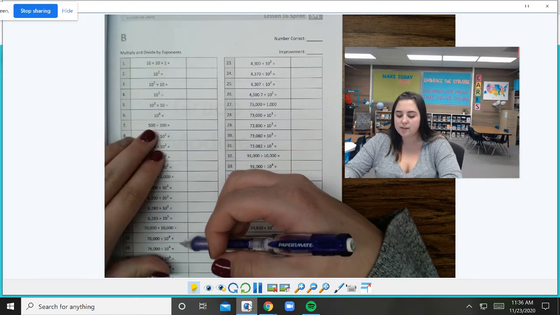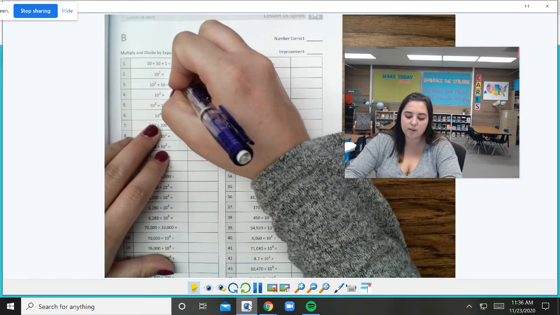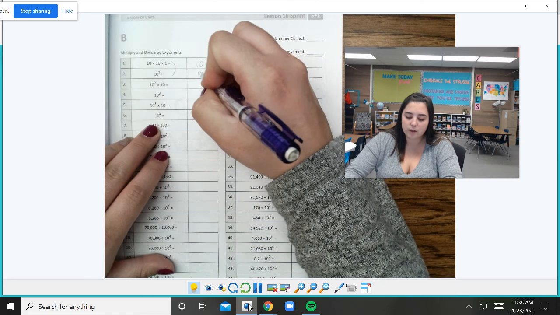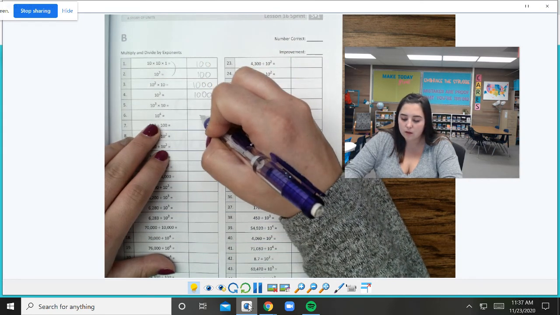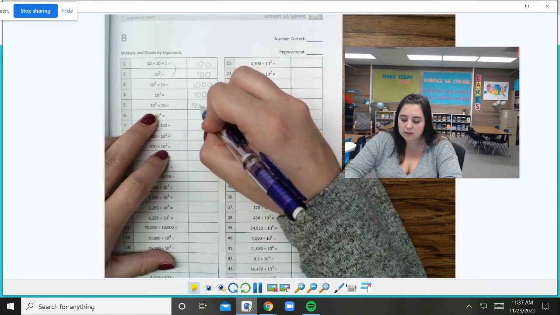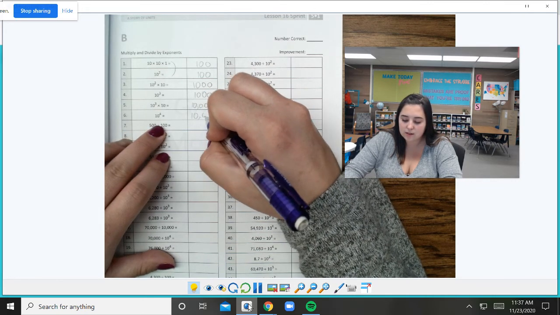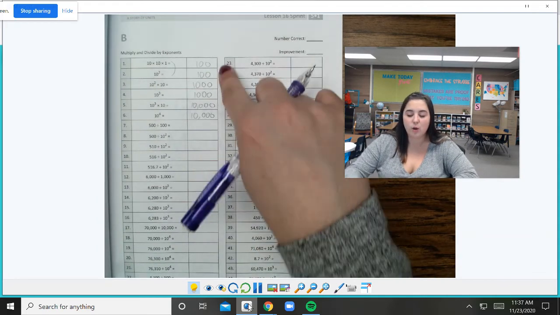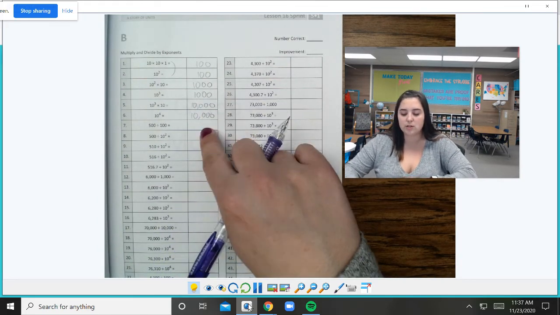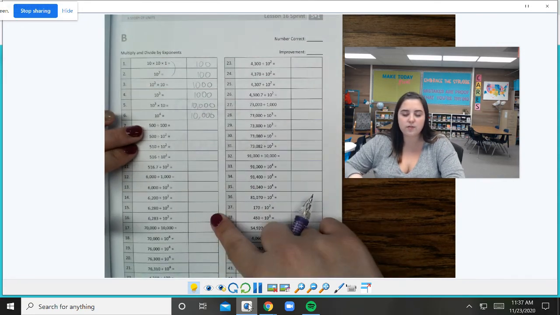So I noticed the same sort of patterns here. So 100, 100, 1,000, 1,000, 10,000, 10,000. But that's not the part I want us to look at because we already hopefully saw this. Very similar to the last one. Let's look at the division.